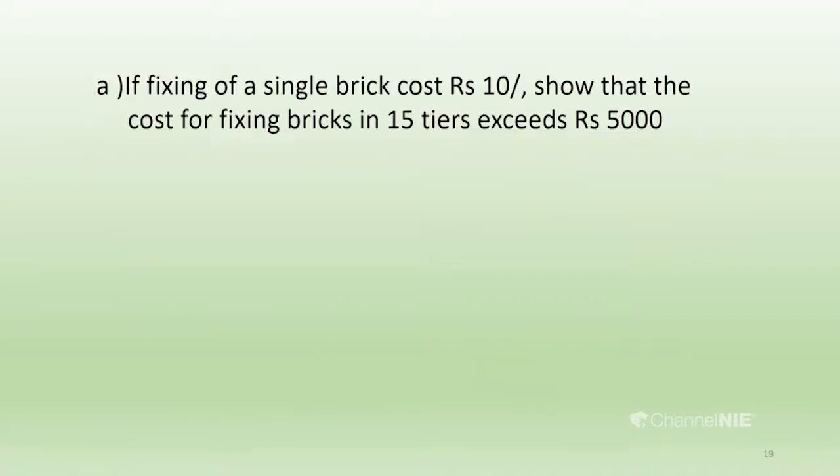What's the first part of this question? If fixing a single brick costs 10 rupees, show that the cost for fixing bricks in 15 tiers exceeds 5,000 rupees. If you know the total number of bricks up to the 15th tier, then you can find the answer for this part.